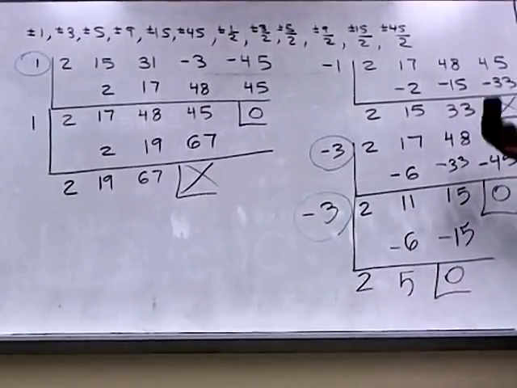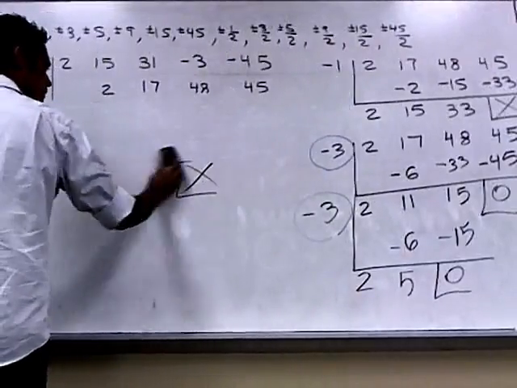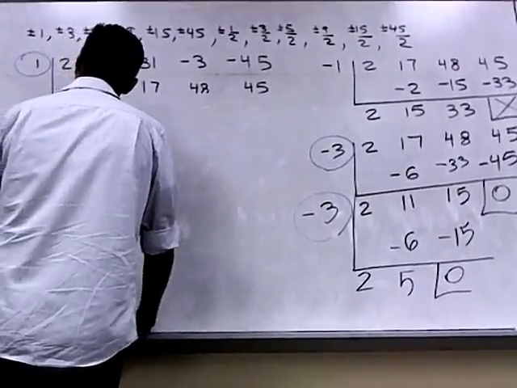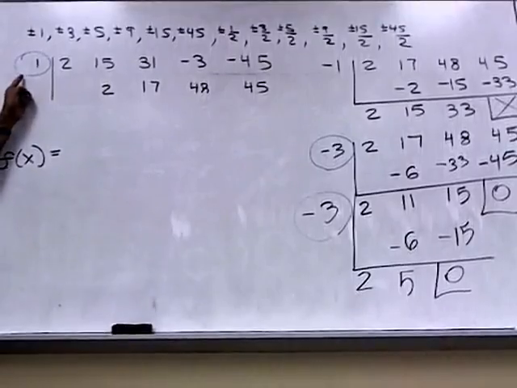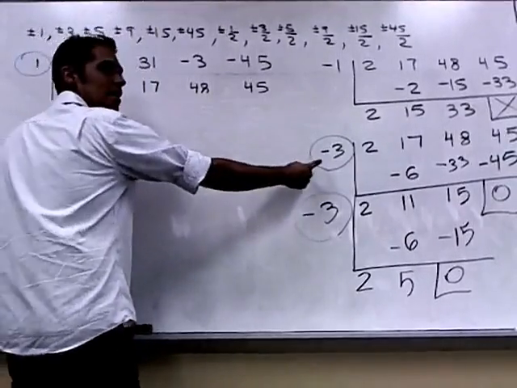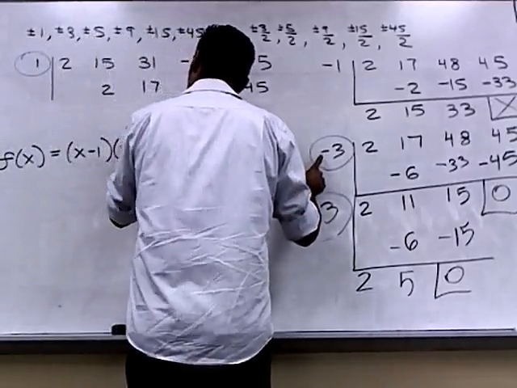So let me put it all together now. Our original function factors: the first one we had worked, which gives me an x minus 1 as a factor. Then this right here worked, so that gives me an x plus 3 as a factor, right?